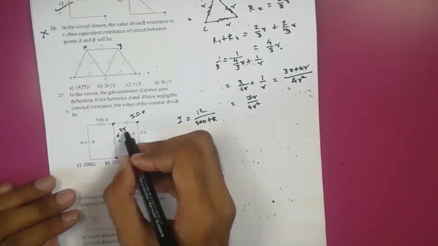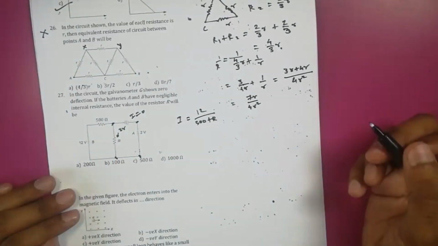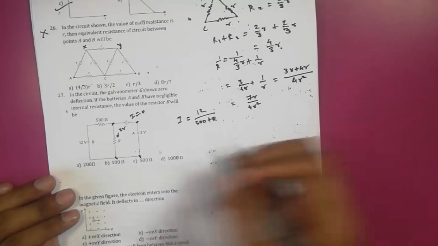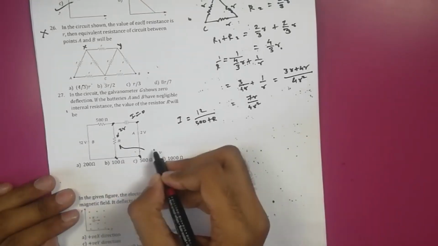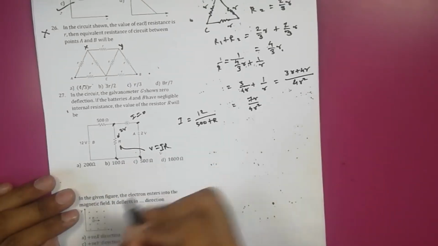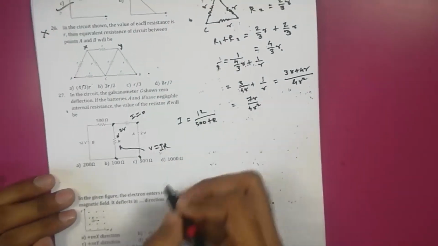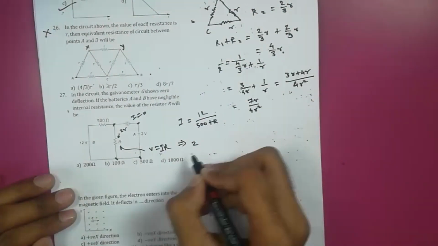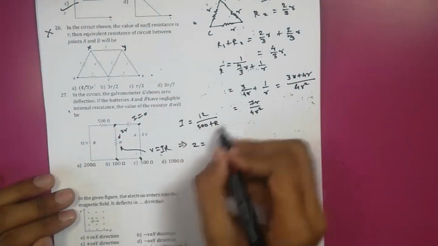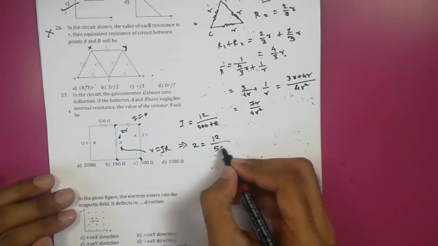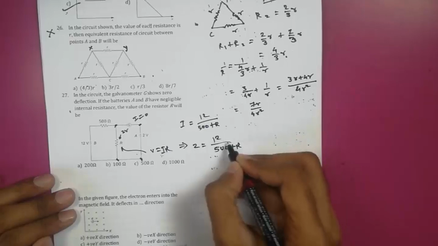We don't know what this current is, but we also know that the voltage across this is 2 volts, so we can apply the formula V equals IR over this one. We know the potential is 2, and we can write the current as 12 upon 500 plus R, multiplied by this capital R, like this.